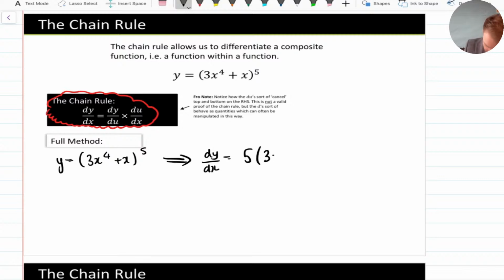So it's going to be 3x to the 4 plus x all to the 4 there. So I've differentiated outside of that bracket. Once you've done that, you differentiate what's inside the bracket and then multiply by this. So times by the differential of what's inside that bracket, which is 12x to the 3 plus 1.